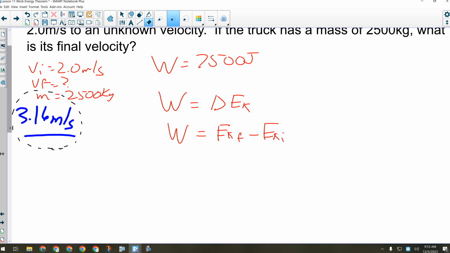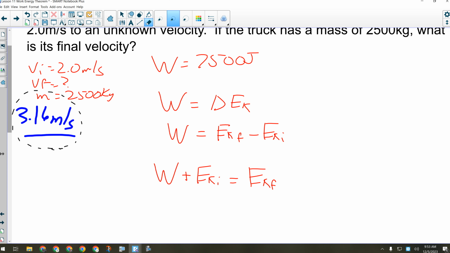So the work, which is the change in energy, plus the initial kinetic energy should equal the final kinetic energy. Agreed? Logically speaking, the change plus the initial should equal the final.